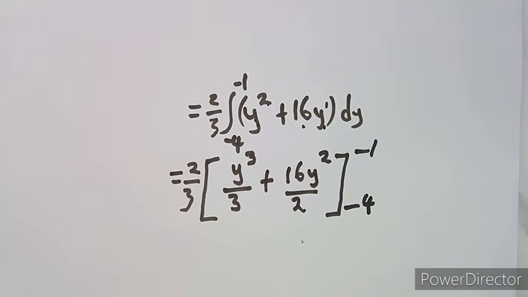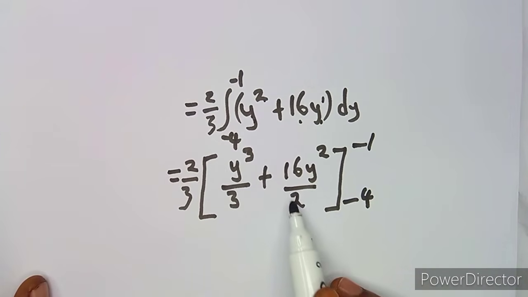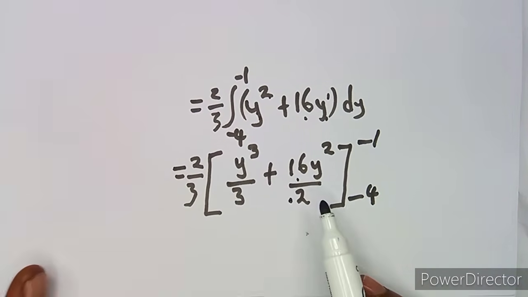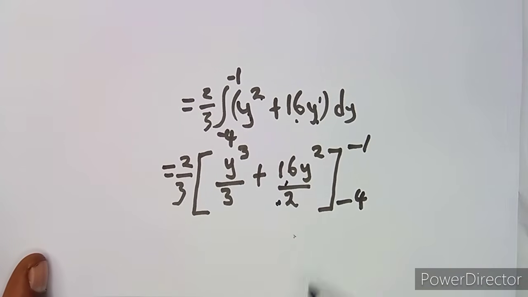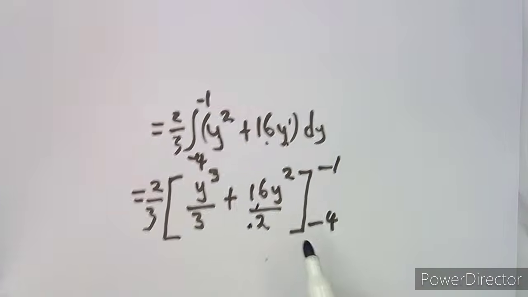All right, so these are the stages that you had, guys, and as you can see, it's now easier for us to simplify, because we just need to substitute, because 16 over 2 is actually 8, so you can substitute the limits.